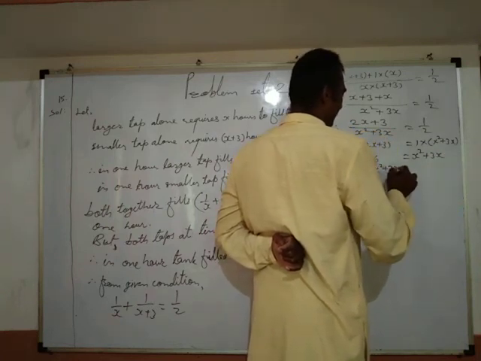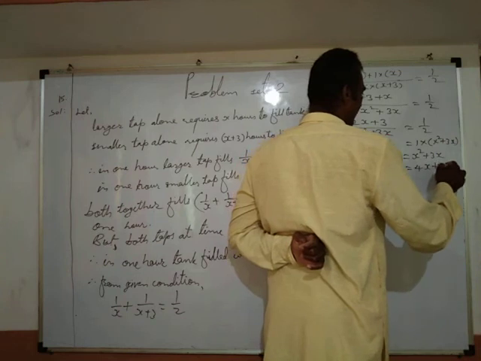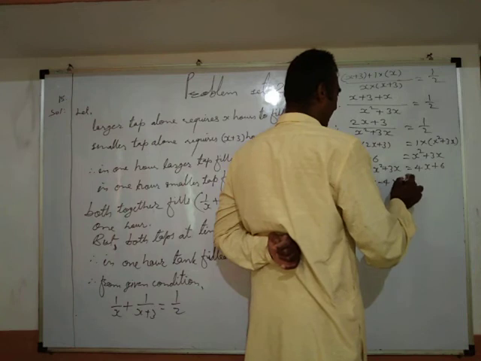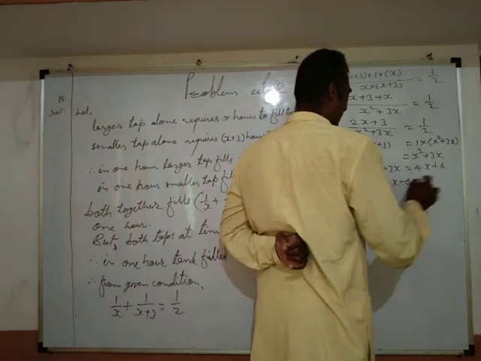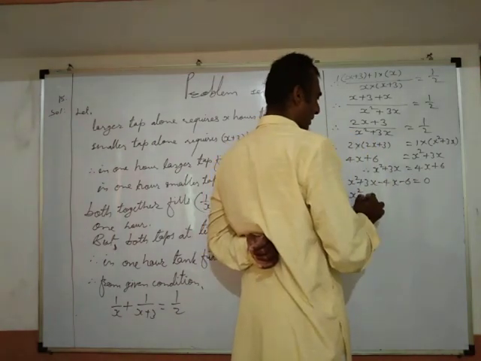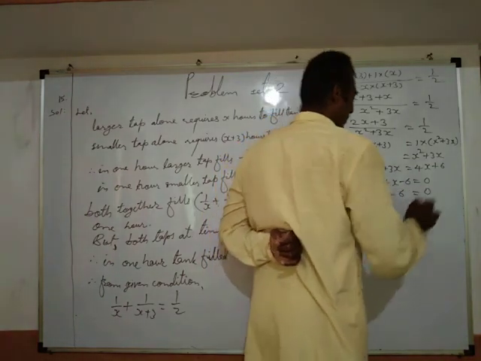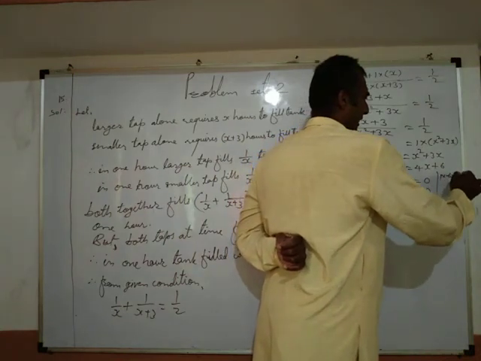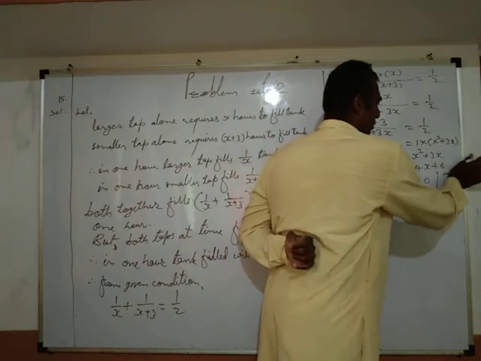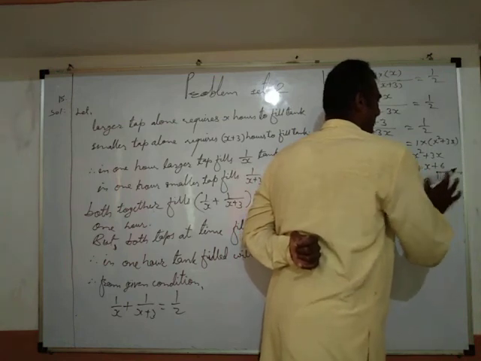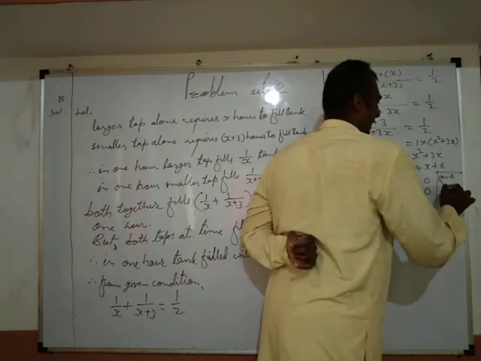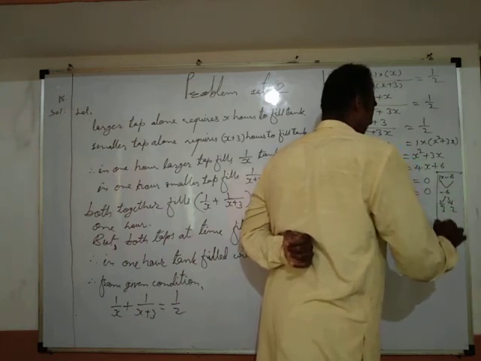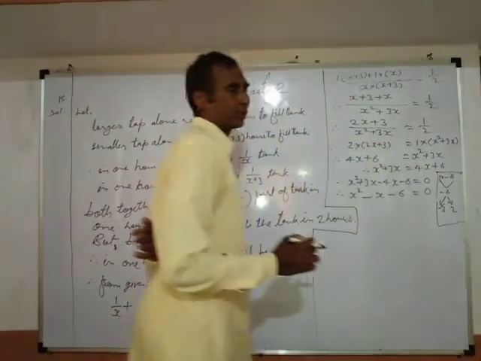Therefore x square plus 3x equals 4x plus 6, and therefore x square plus 3x minus 4x minus 6 equal to 0, and therefore x square minus x minus 6 equal to 0. 1 into minus 6 gives us minus 6, and that minus 6 must be factorized as minus 3 plus 2.